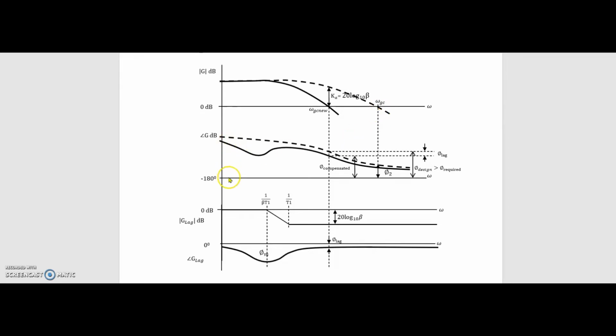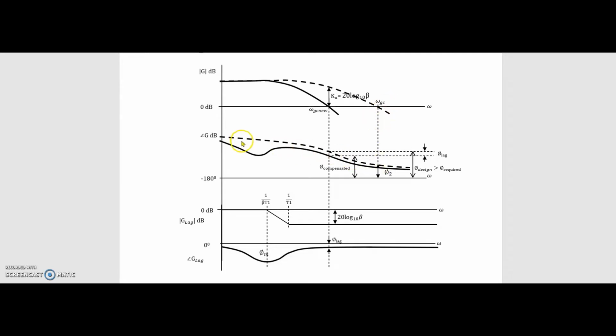And similarly, somewhere this dotted curve might cross minus 180 degrees, and at that frequency we'll say that the phase has crossed over the minus 180 degree line. That frequency will be known as phase crossover frequency.